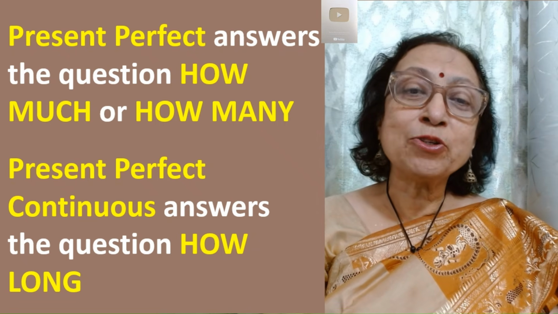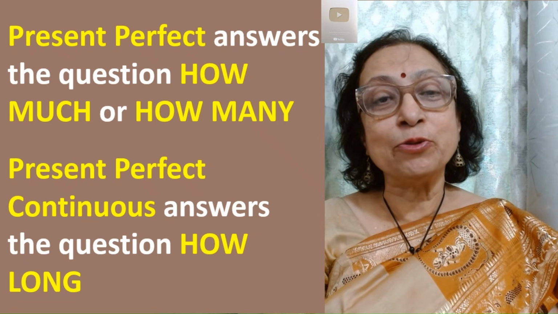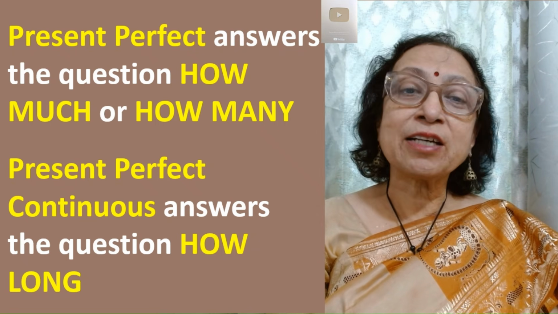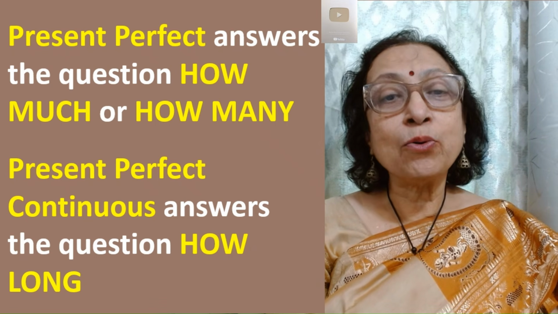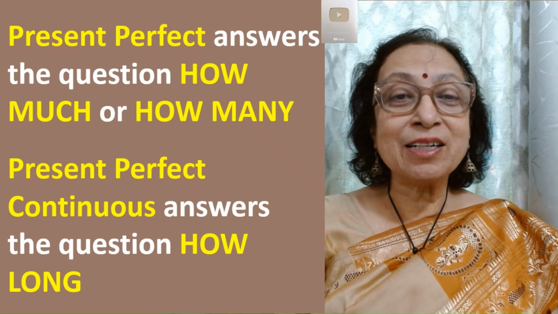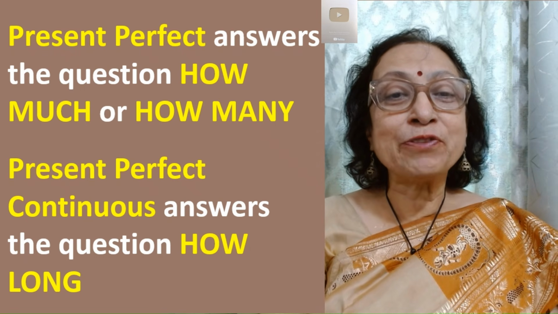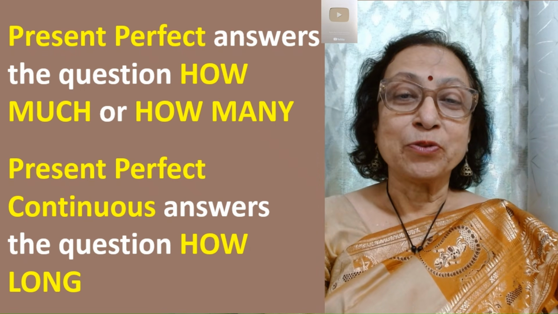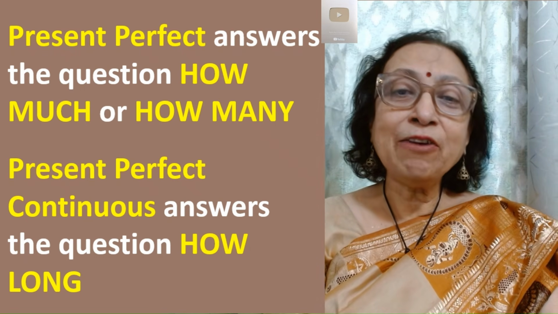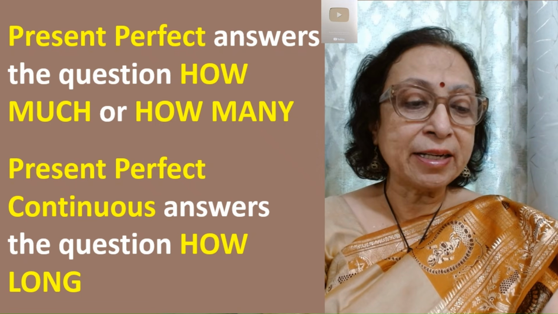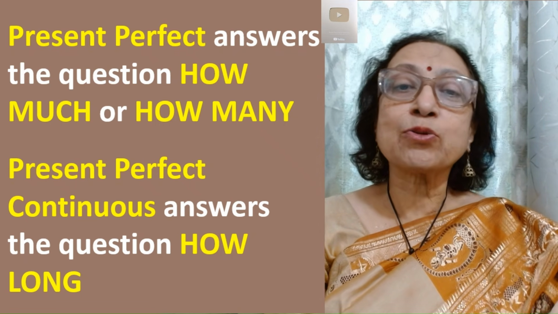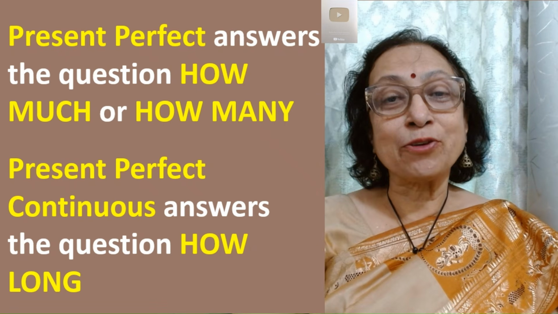But when it comes to the present perfect continuous, the question it answers is how long? Because it's a continuous action, the length of time is most important. So you say, I have been sending reminders for the last 1 month. Length of time.